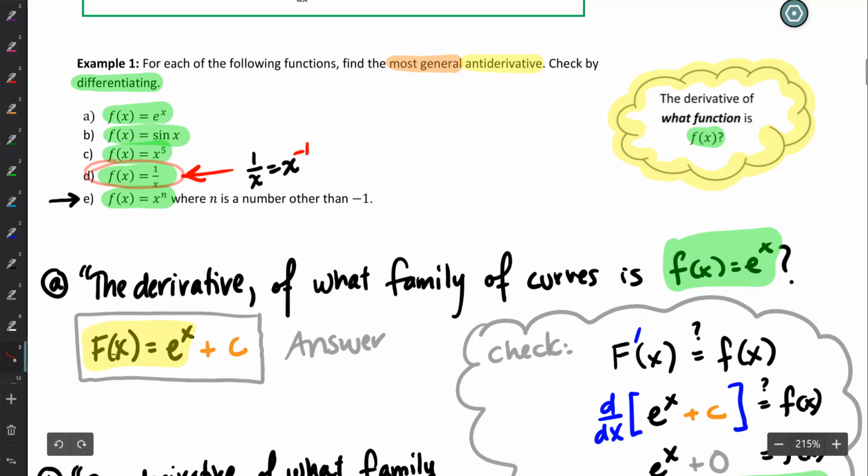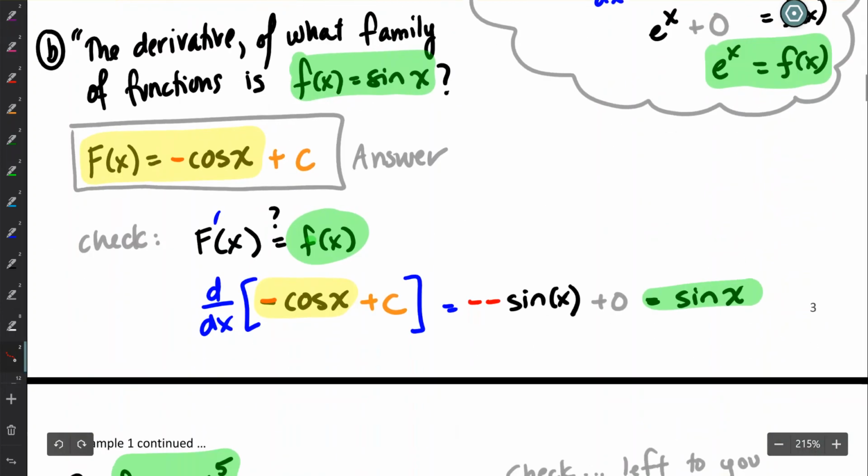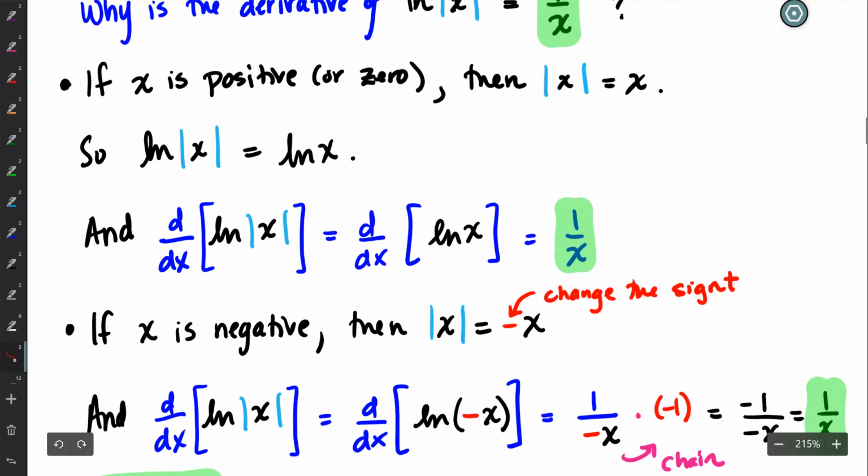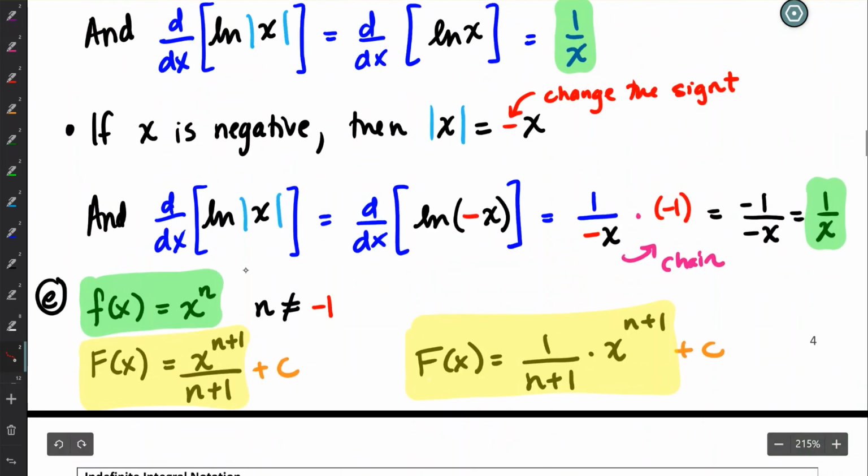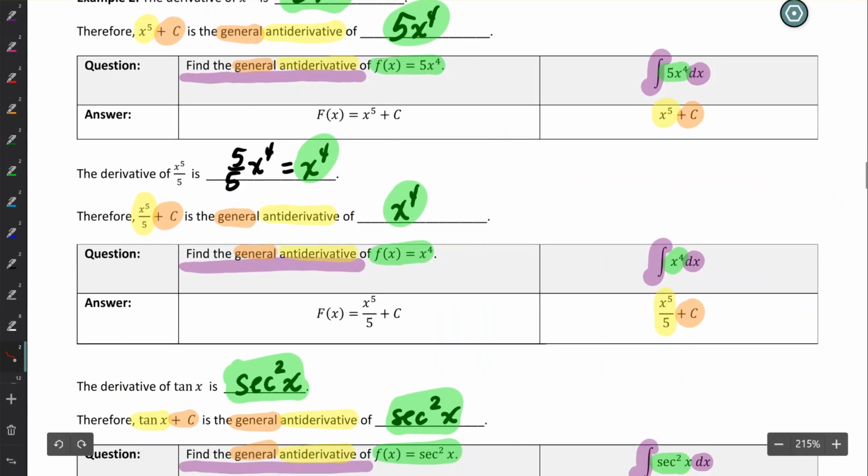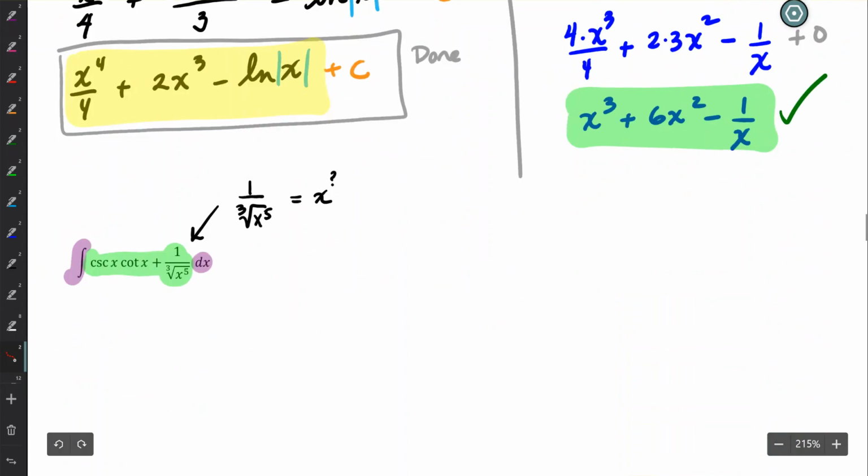Oh, that's ln absolute value of x. But when you've got x to an exponent other than -1, how do we do power rule in reverse? In general, you are always adding 1 to the exponent, x to the n plus 1, and dividing by that new exponent, right?